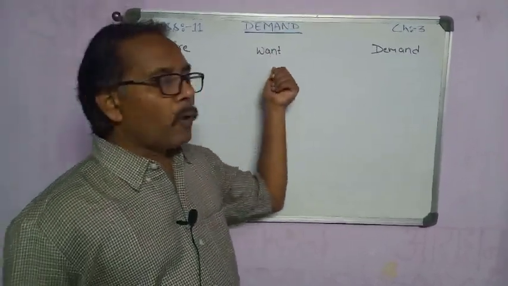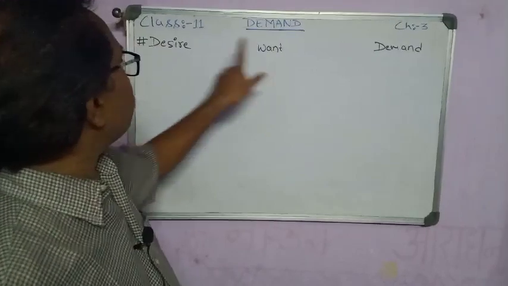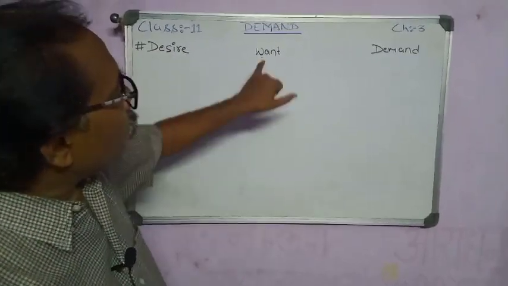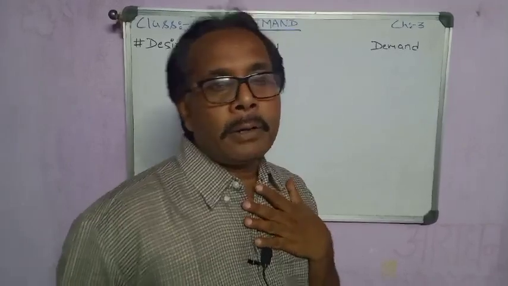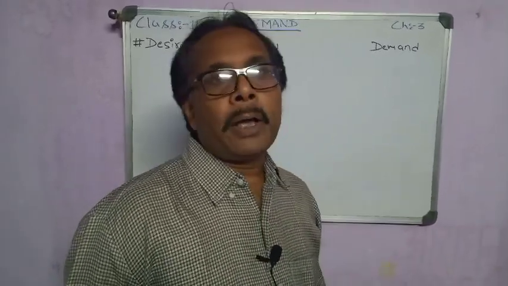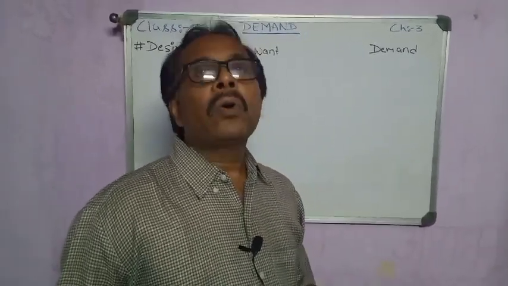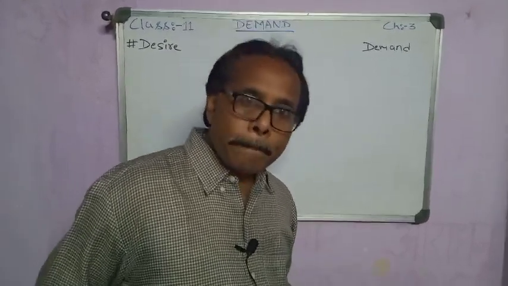Next one is want. So what is the difference between desire and want? Want means I have ability to buy and willingness to buy, but the commodity is not present in the market.